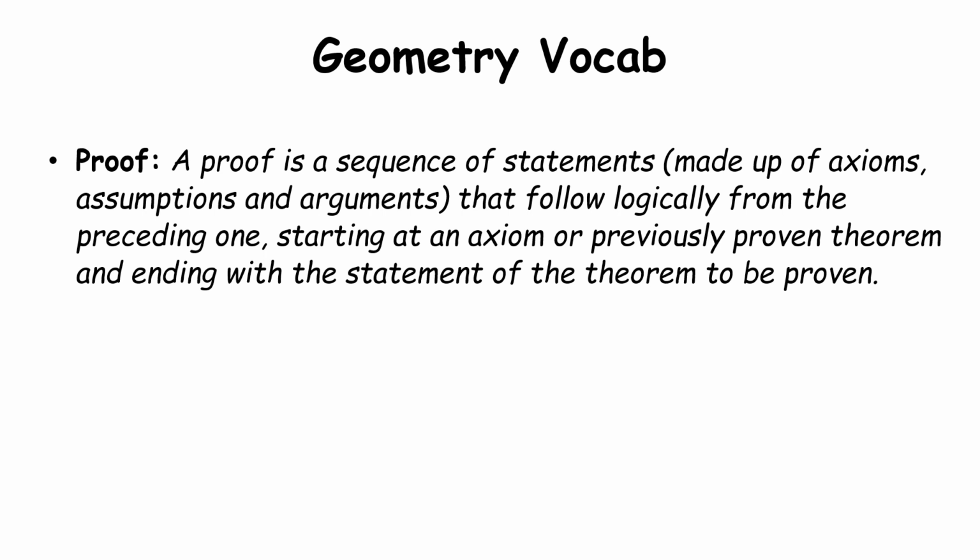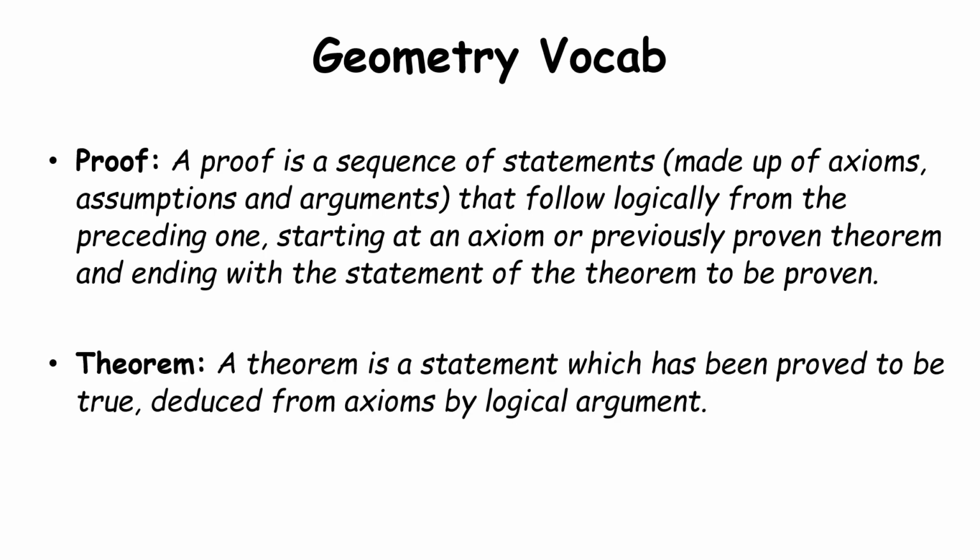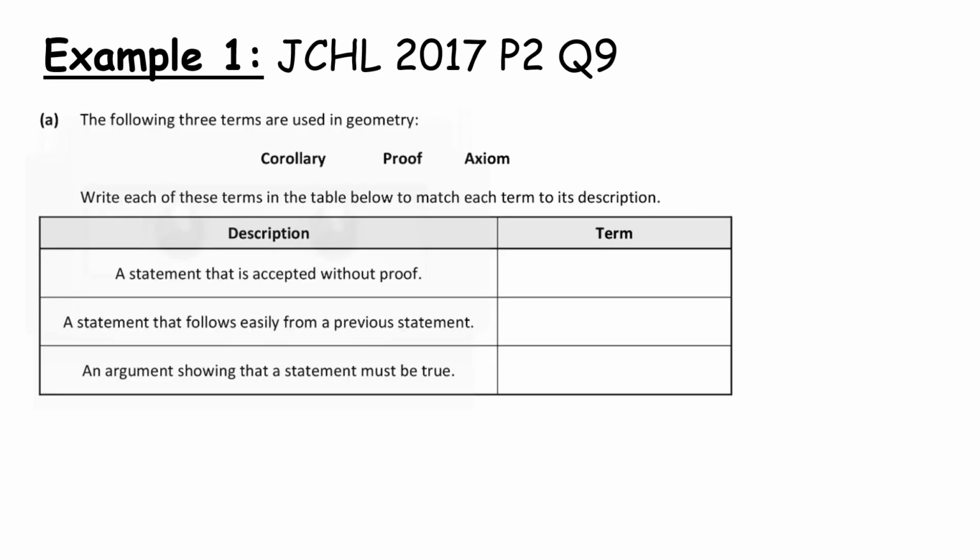There'll be new theorems to learn off as we move to Leaving Cert Higher Level. A theorem is a statement which has been proved to be true and deduced from axioms by logical arguments. So a theorem is something that requires a proof. We are not required to prove every theorem on the course, but they have picked specific ones for us to look at. Let's jump straight into an example.